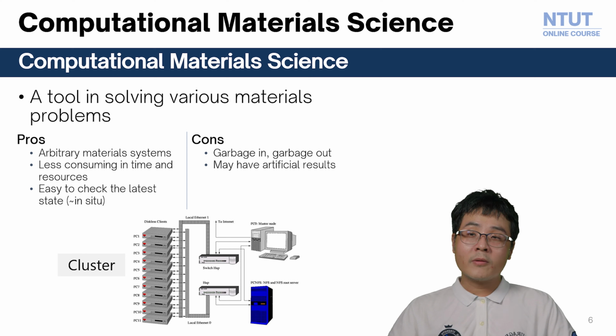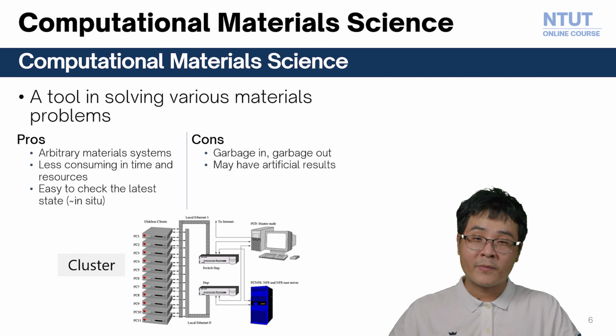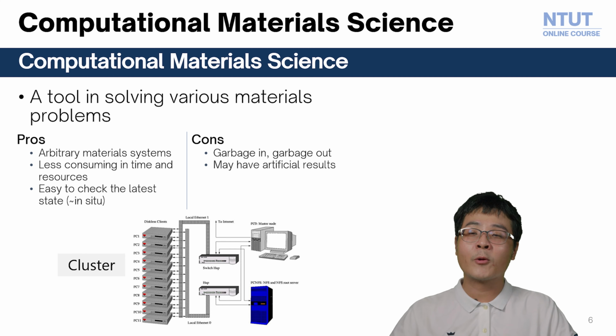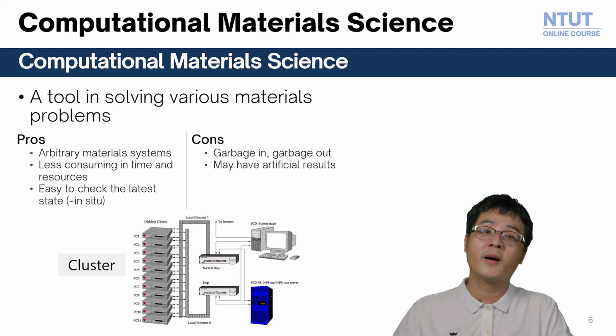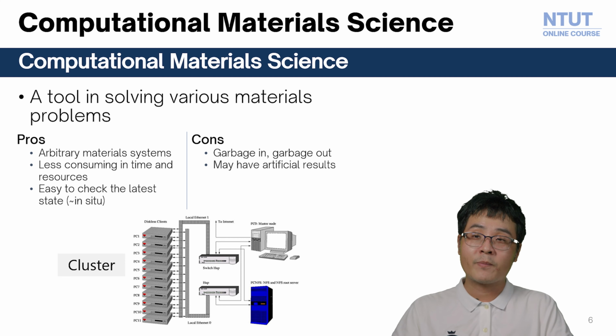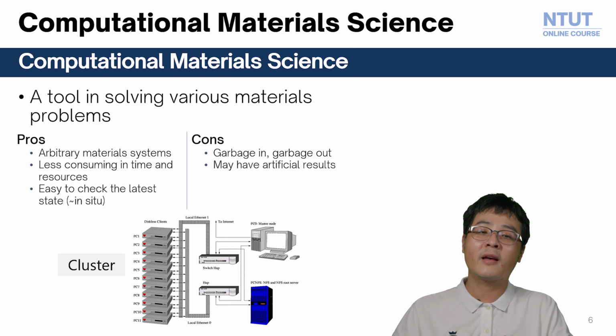So below is a schematic plot of a computer used in computational material science. We call it a cluster, which means this kind of cluster is a bunch of computers that consist of many CPUs and a lot of RAM, connected parallelly to one another.